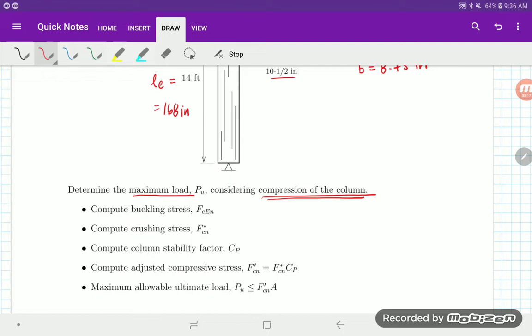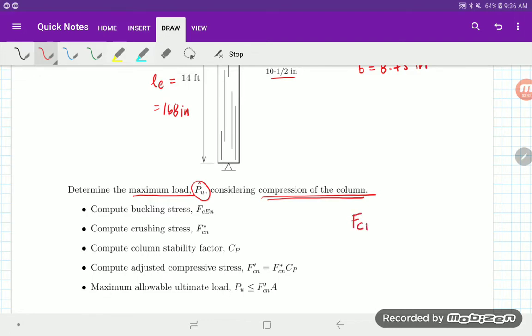Whenever we're doing the computation of the maximum axial load that we can take for P, be it sawn lumber or be it glulams, be it ASD, be it LRFD, the process is always the same. We have those 4 main steps.